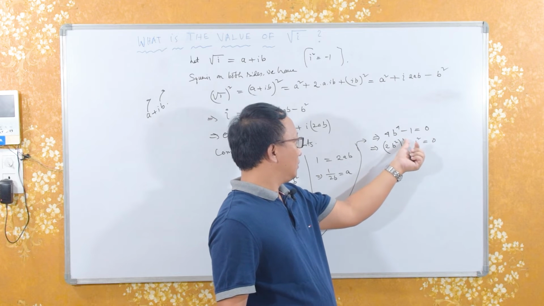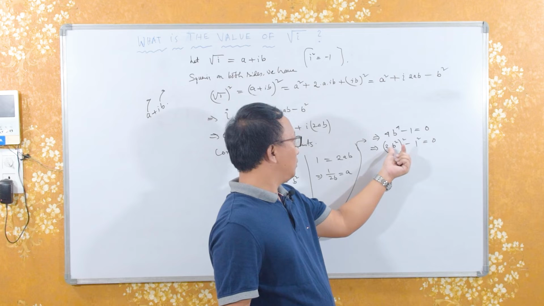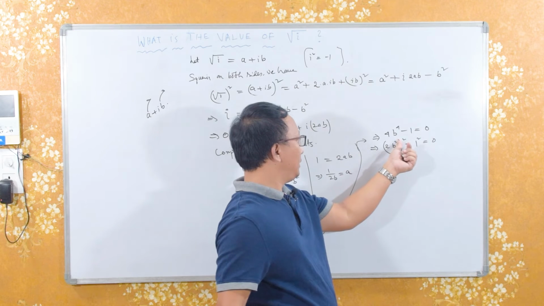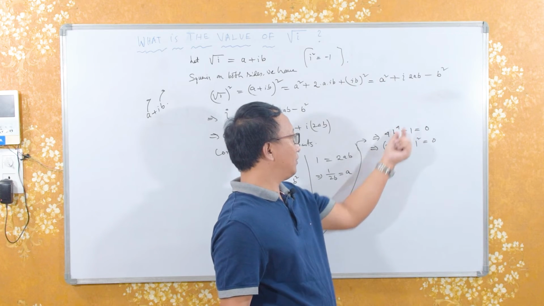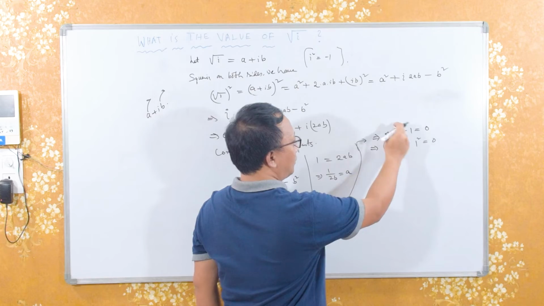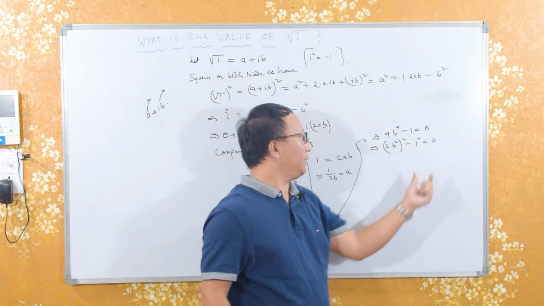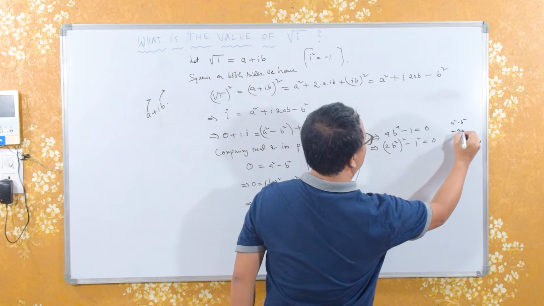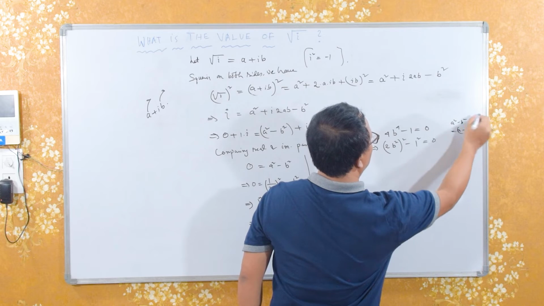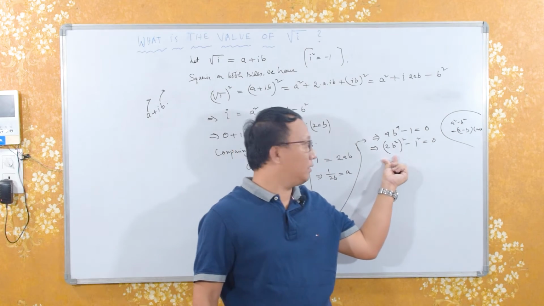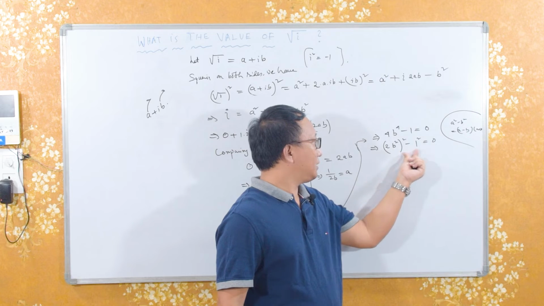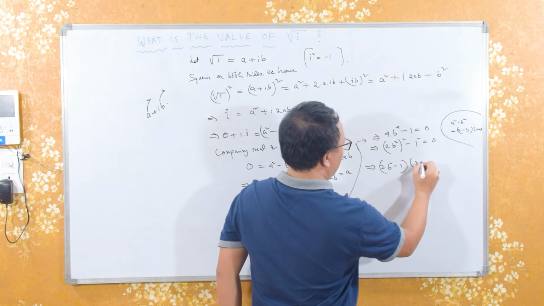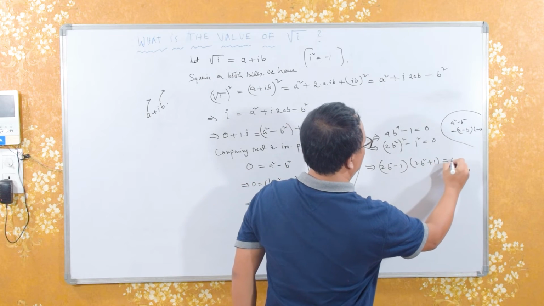Let's check: 2 twos are 4, and b² times b² is b⁴. This is of the form a² − b², which equals (a − b)(a + b). Here a is 2b², so it implies (2b² − 1)(2b² + 1) = 0.